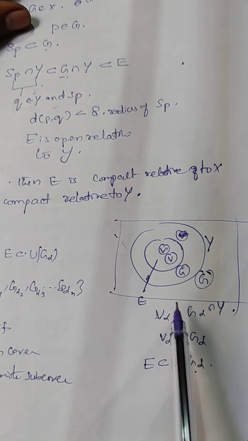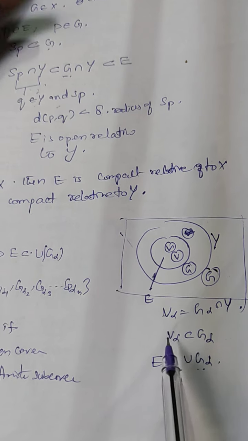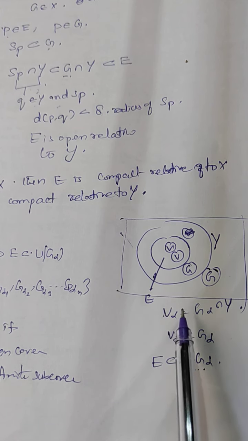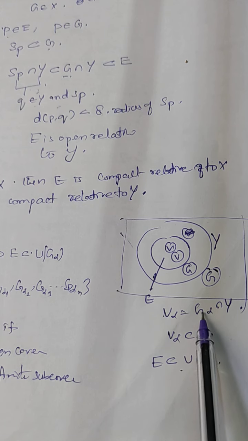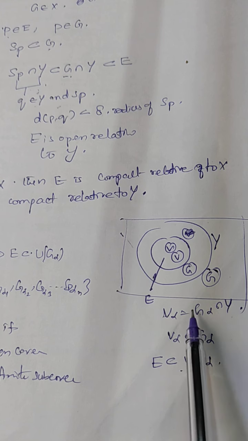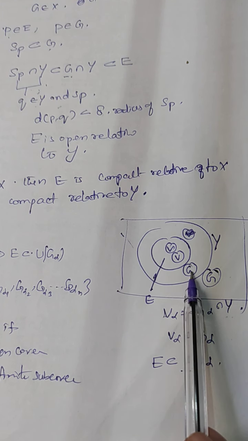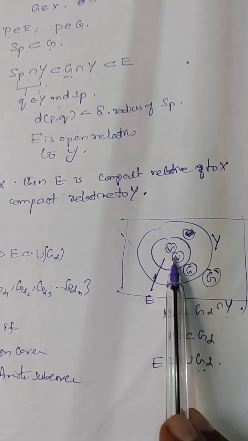It is obviously a subset of the union of G alphas, but we know that V alpha is an open set. We can get it after we intersect with Y. When G alpha intersects with Y, we get these V alphas.